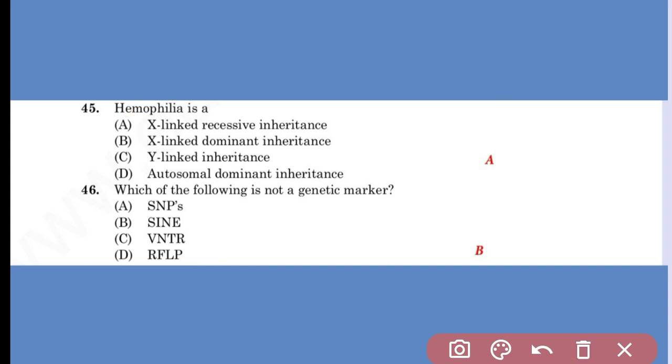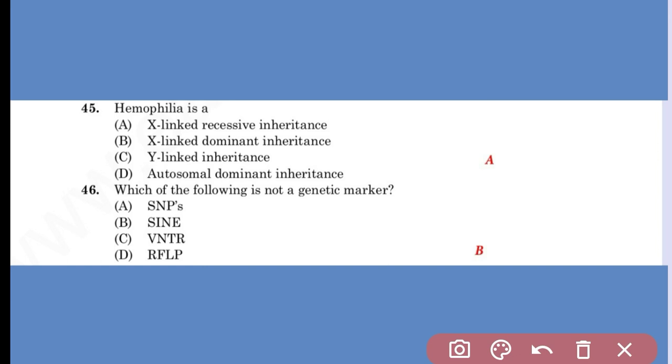The next question: which one of the following is not a genetic marker? A sequence of DNA with a known physical location on a chromosome is known as a genetic marker. Genetic markers are genes that are close to each other on a chromosome and tend to be inherited together.